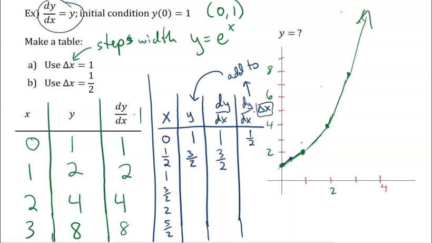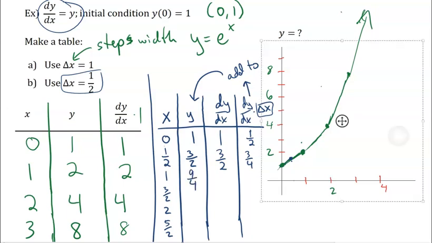Again, delta x here is 1/2. So then I get 3/4. Now I take the 3/4, add that to y to get the new y. So now I have 6/4 plus 3/4 is 9/4. So now I have a point at 1 comma 9/4, and 9/4 is 2 1/4.